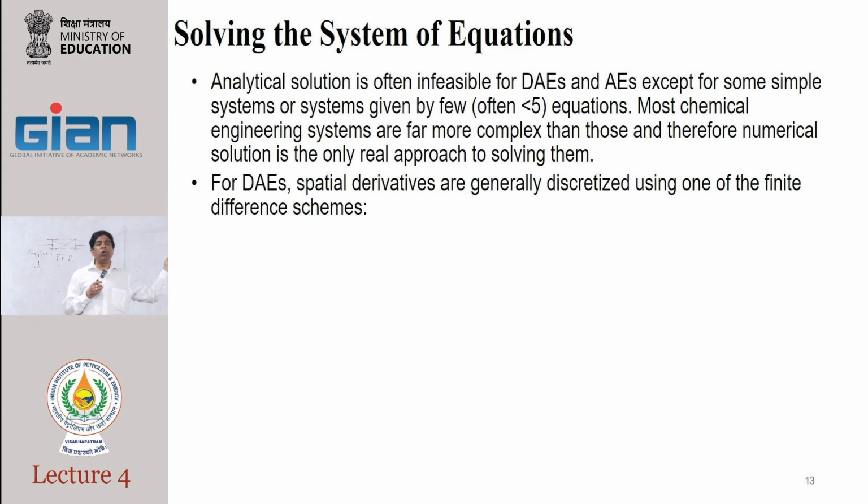Now if I give you 10,000 equations or 1 million equations, can you solve it? There is no way you can solve it analytically. So you have to solve it numerically. So the question is, how do you solve it? For most practical chemical engineering systems, the numerical approach is the only approach.